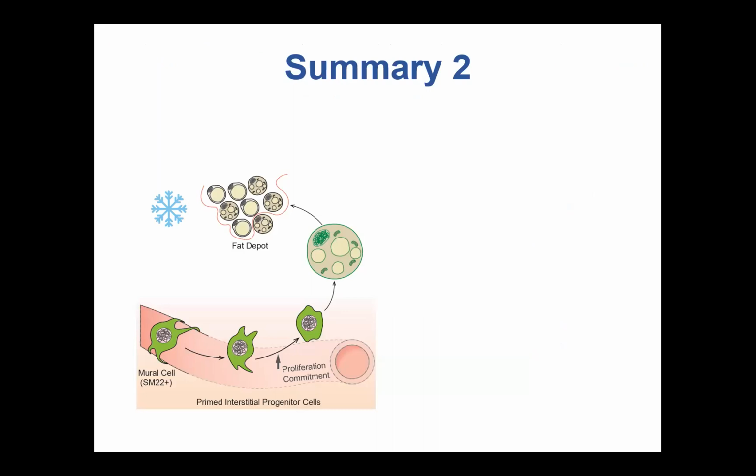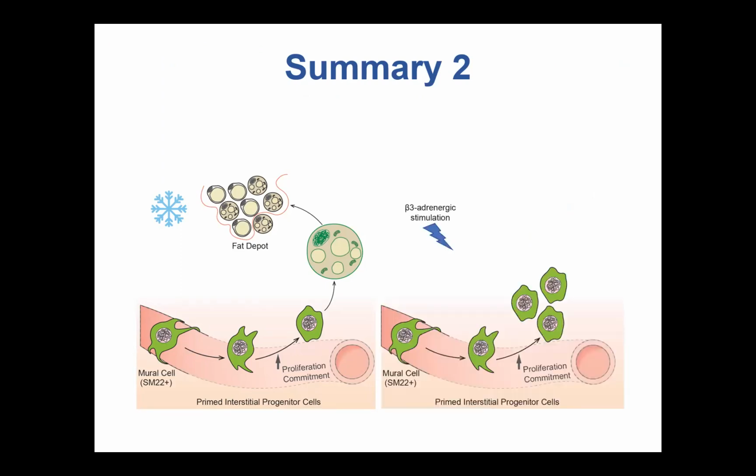So to summarize this second part, we found that under cold condition, SM22 positive mural cells are first primed to this beige phenotype, and then they are recruited to those beige adipocytes.